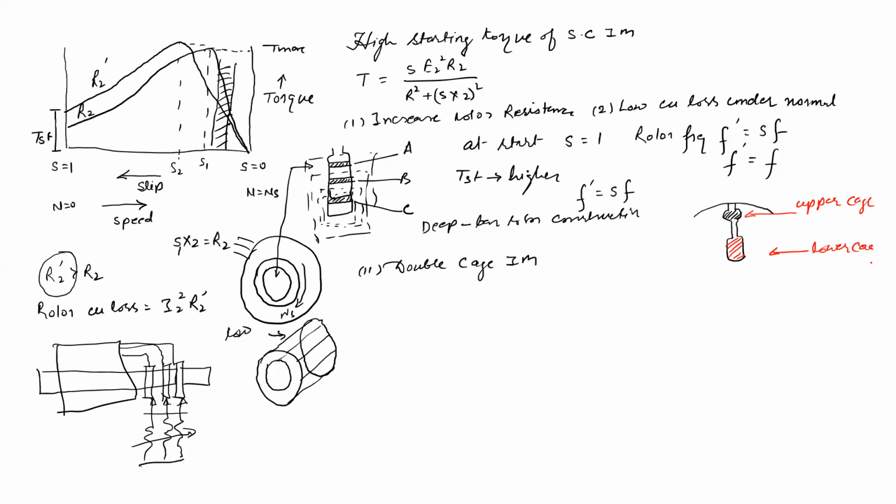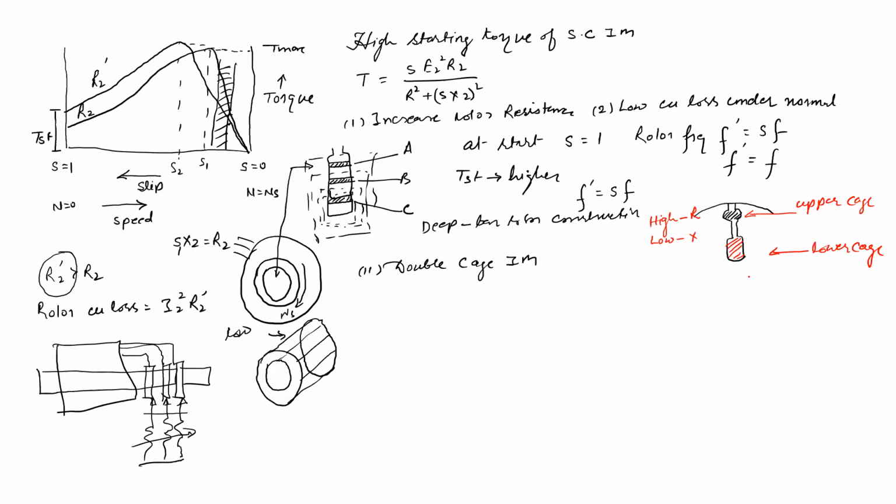The upper bar is made up of aluminum or it may be bronze, so that the resistance is higher. So here it is a high value of resistance and low value of reactance, isn't it?